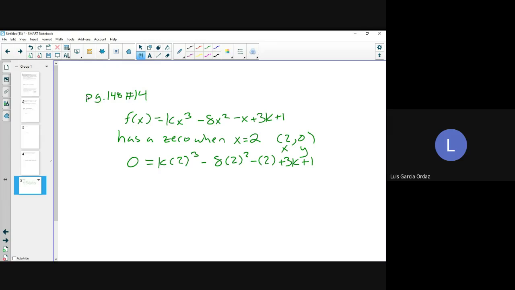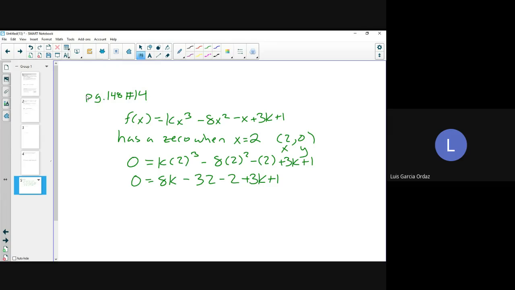We then have to simplify the exponents, so we get 8k, sorry, minus 32 minus 2 plus 3k plus 1. And when we collect all the like terms, what does it simplify to?